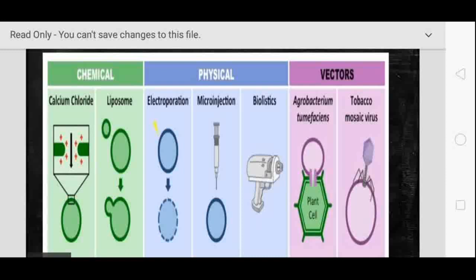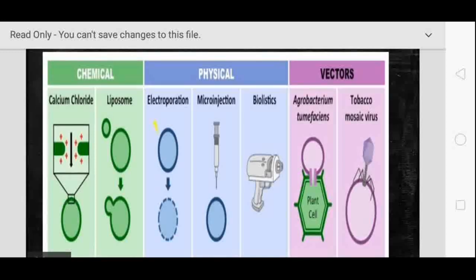And the second method is called microinjection. Micro means very small in size. Through the injection, directly we are inserting the gene of our interest into the host organism. The third one is biolistic, also called the gene gun method. Here our alien foreign gene is coated with minute tungsten or gold particles.